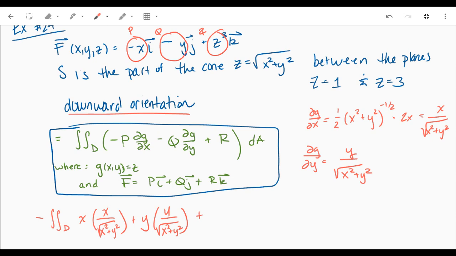So z cubed is going to just be the square root of x squared plus y squared cubed, dA.